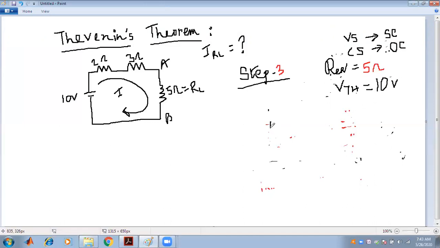That VTH, that is the VTH or the VOC, or VAB, same, that is known to us, is 10 volt.